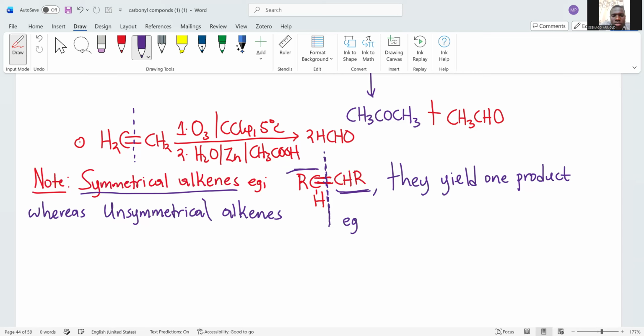For example, if I have CH2, this is not symmetric.